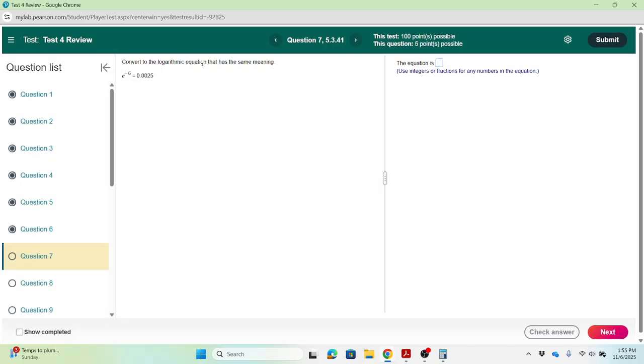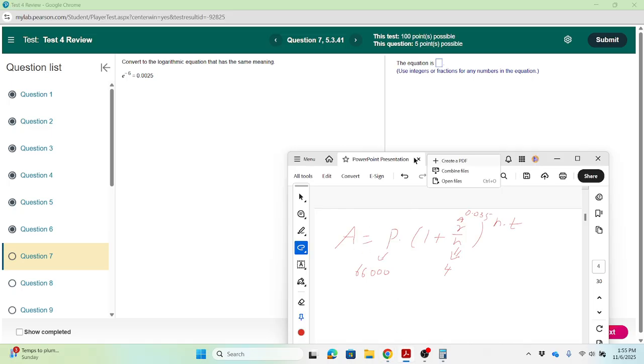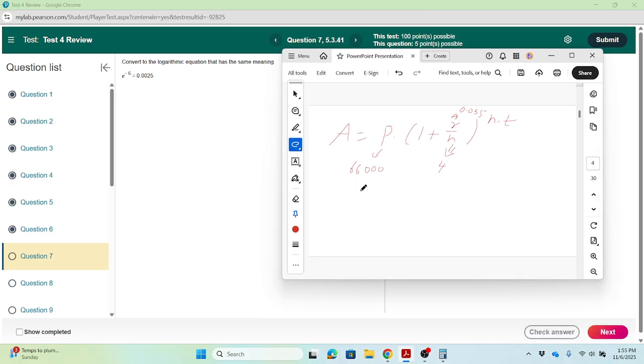Convert to the logarithmic equation. So the conversion formula is, if you have exponential, you can go to the log. Let's say you have base b to the power x equal y, then the log conversion is log base b of y equal x. So here in this case the base is e, the value of x is -6, and y is 0.0025.